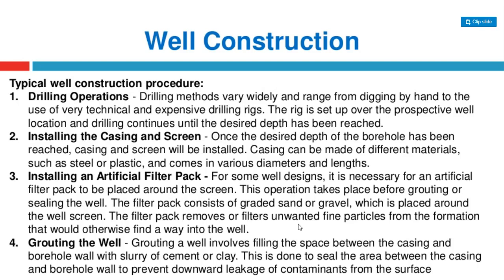Installing the casing and screen. Once the desired depth of the borehole has been reached, casing and screen will be installed. Casing can be made of different materials such as steel or plastic and comes in various diameters and lengths.